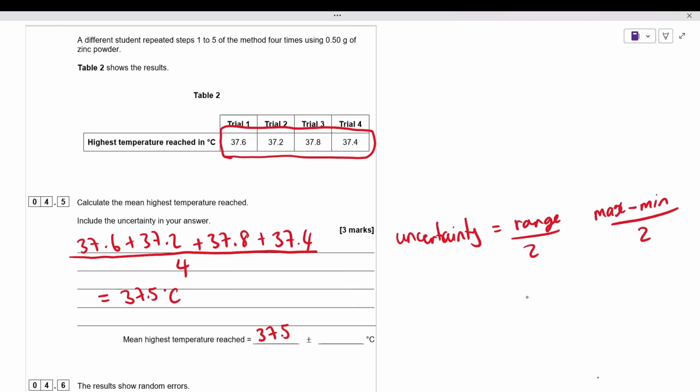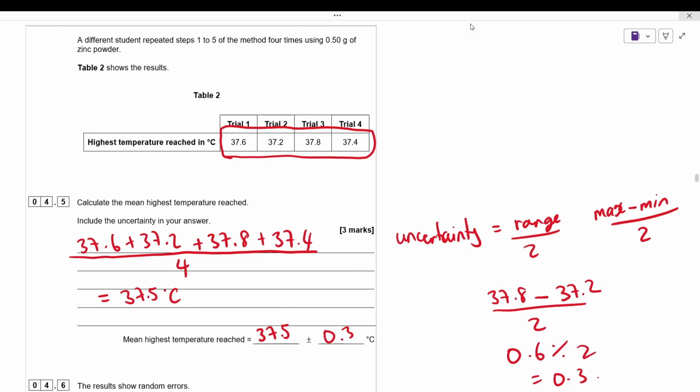So our max value in this case is 37.8, minus our minimum value, which is 37.2, and we're dividing that by 2. So that's going to be 0.6 divided by 2. So we know that our uncertainty is plus or minus 0.3. That is going to be our uncertainty for this calculation, and that will give you your full 3 marks.